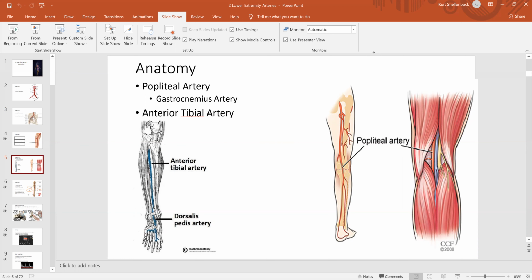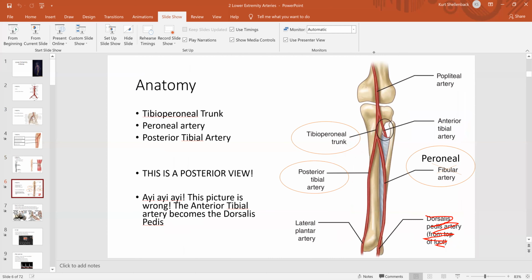And I'll remind you, you're looking at the leg upside down. So anterior is going to be going straight down on your screen because that's where the anterior is. Now, this was a great picture, but it had a couple of mistakes on it, so I had to scratch something out there. But as we come down, this is a posterior view.